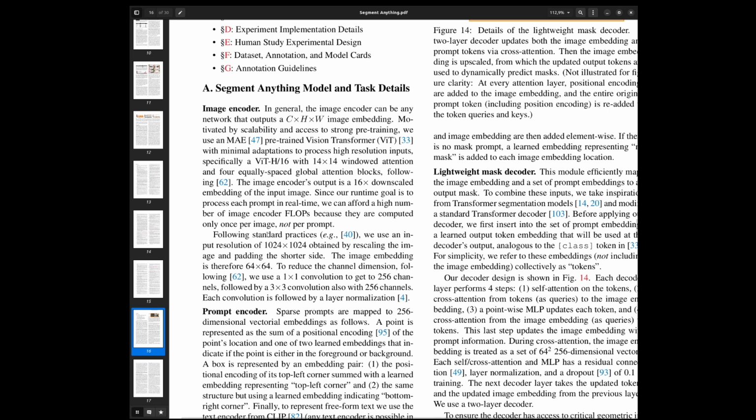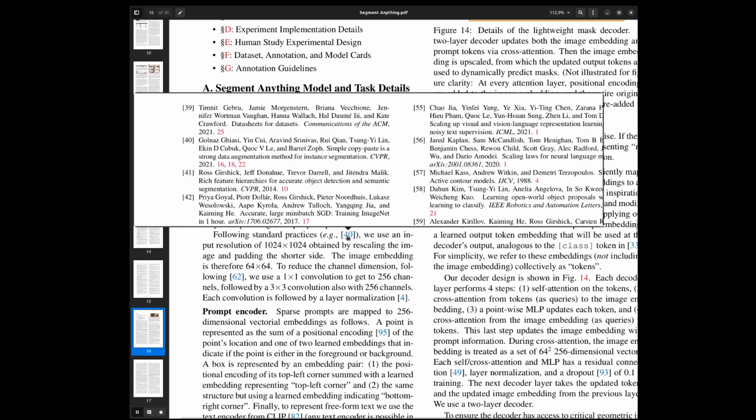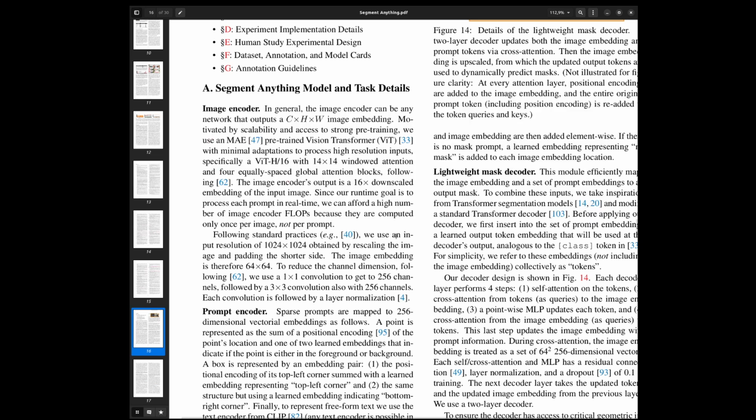Follow standard practices. We use an input resolution of 1024, obtained by rescaling the image and padding the shortest side. The image embedding is therefore 64 by 64.